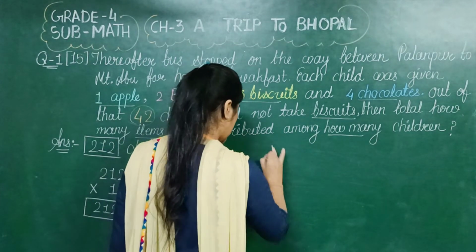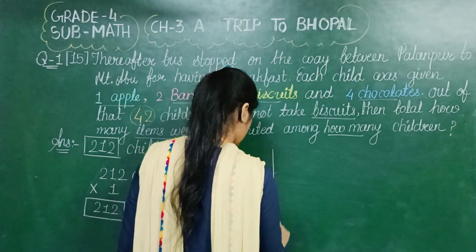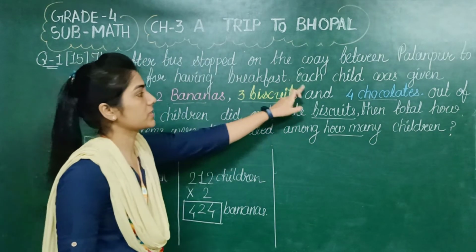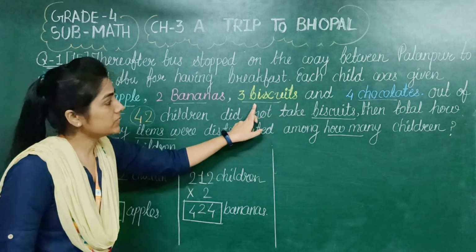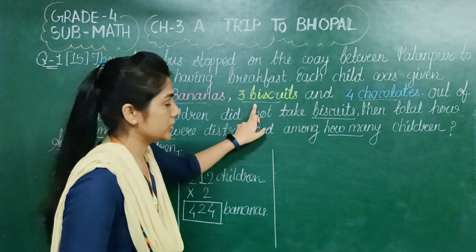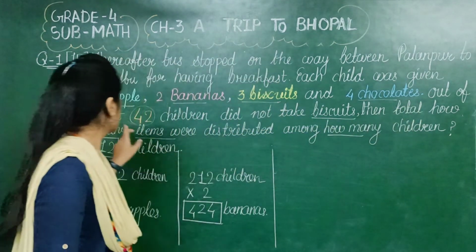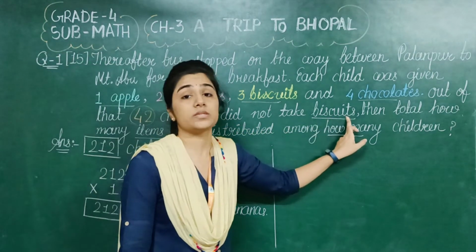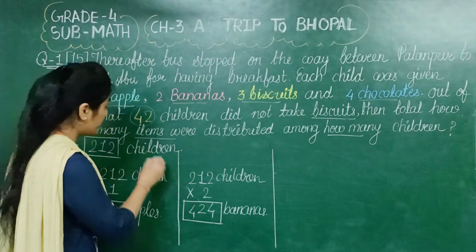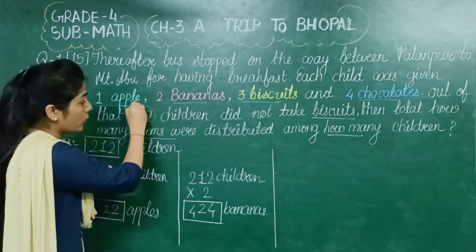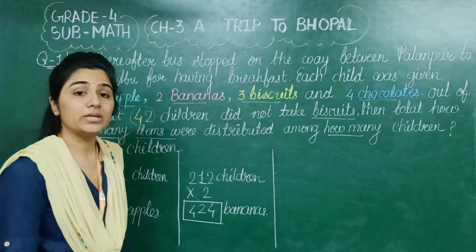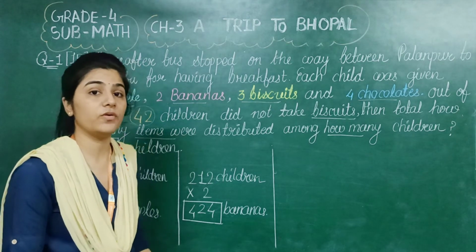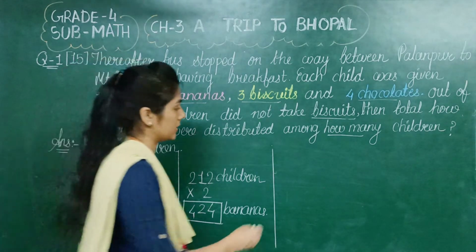Now the next calculation, which is of 3 biscuits. But see, one line is given in our question that out of that, 42 children did not take biscuits. That means out of 212 children, 42 children did not take biscuits. So first of all, we'll make that calculation.